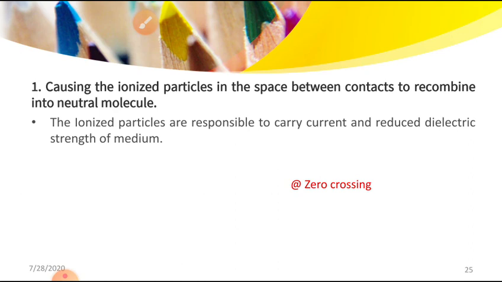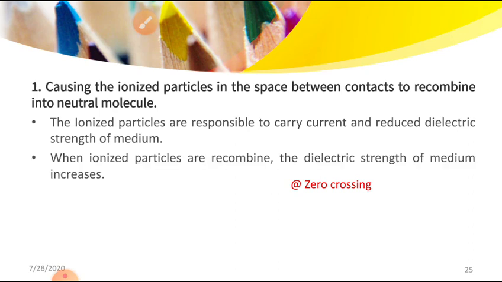Whatever the dielectric medium, its dielectric strength decreases due to the high voltage between the two electrodes. Next, when the ionized particles recombine, the dielectric strength of the medium increases.